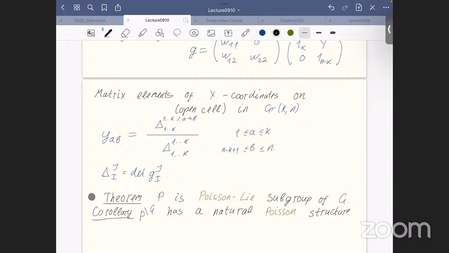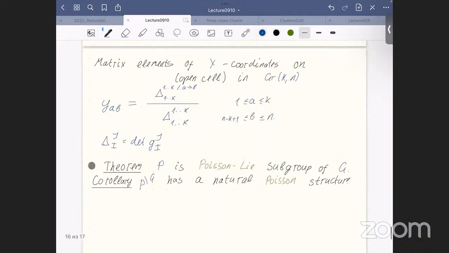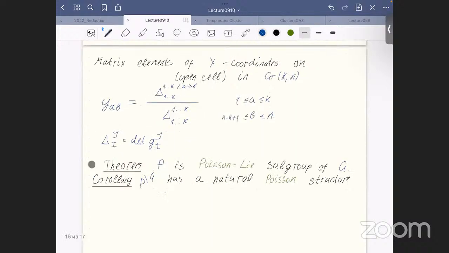And by the word natural, I mean the following. We have a projection map pi from G to the homogeneous space, and we take pi star of the Poisson bivector. Then we can take the direct image.